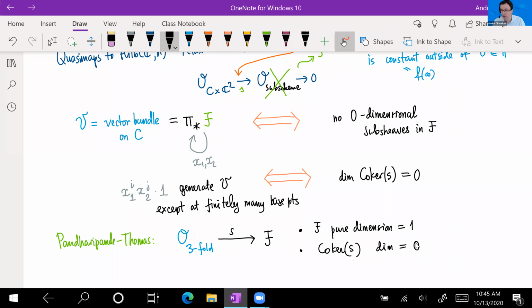So in this instance, the quasi-map stability condition is just equal to the Pandharipande-Thomas stability condition.